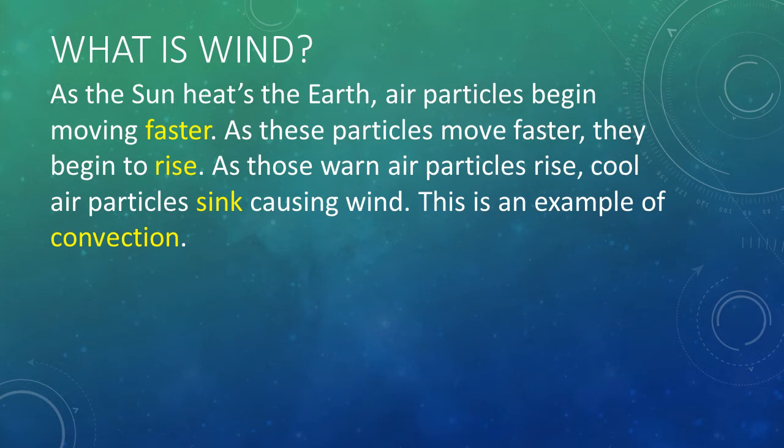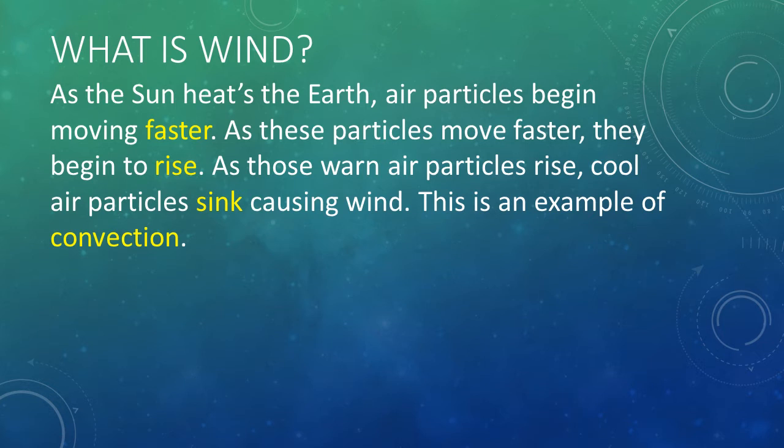Okay, they begin to move upwards. Now, as these warm air particles rise or go up, the cool air particles, which are higher in the sky, begin to sink, begin to move towards the ground.